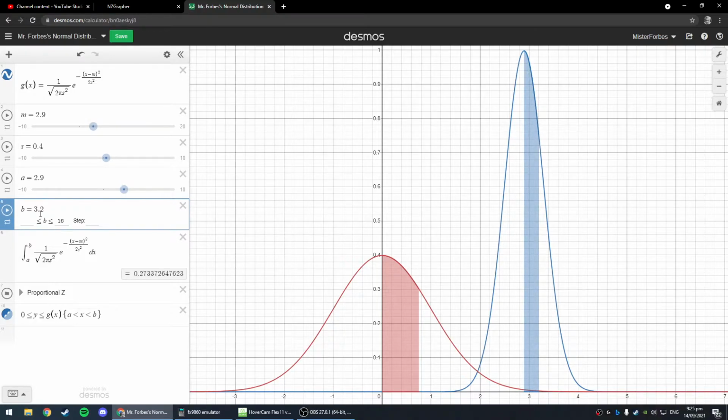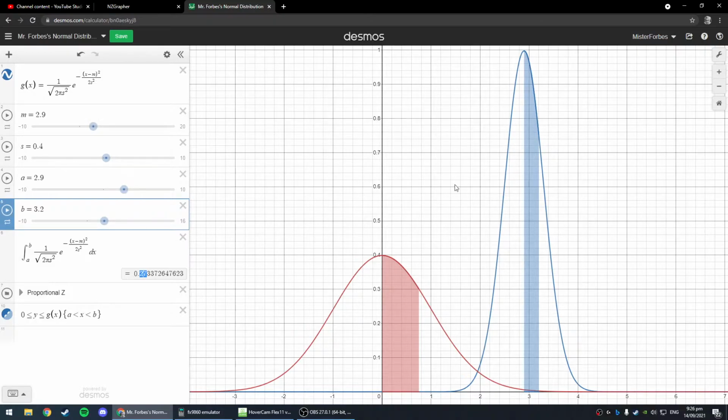Now, see how this definite integral here outputs a solution for us. So Desmos is powerful enough to work out which proportion, and Desmos tells us straight away, well, it's 27% of female Kiwis. That's the amount that are inside that shaded region. But we don't actually have Desmos in the external, so we have to use other means to solve that.